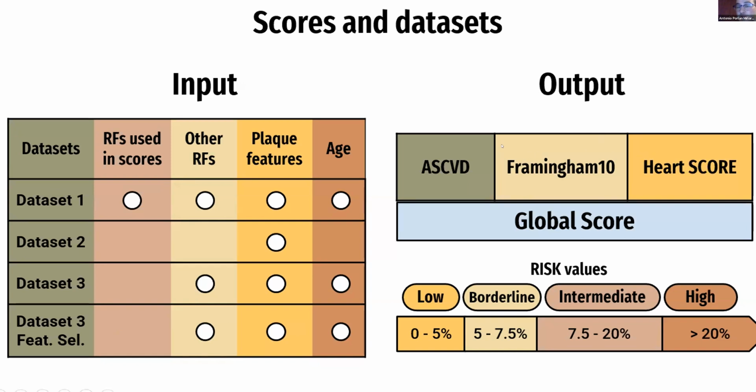And in case of the output, the features used as outputs were the 3 risks calculated, the traditional risk scales, and another additional one that was made up by the combination of the other 3. And there were 4 different possible values in these scales, which were low, from 0 to 5%, borderline, intermediate, and high.